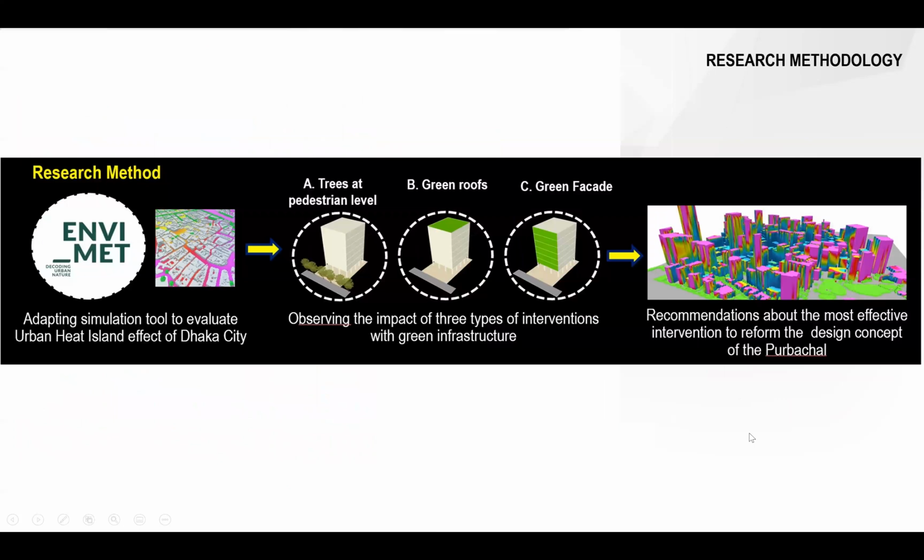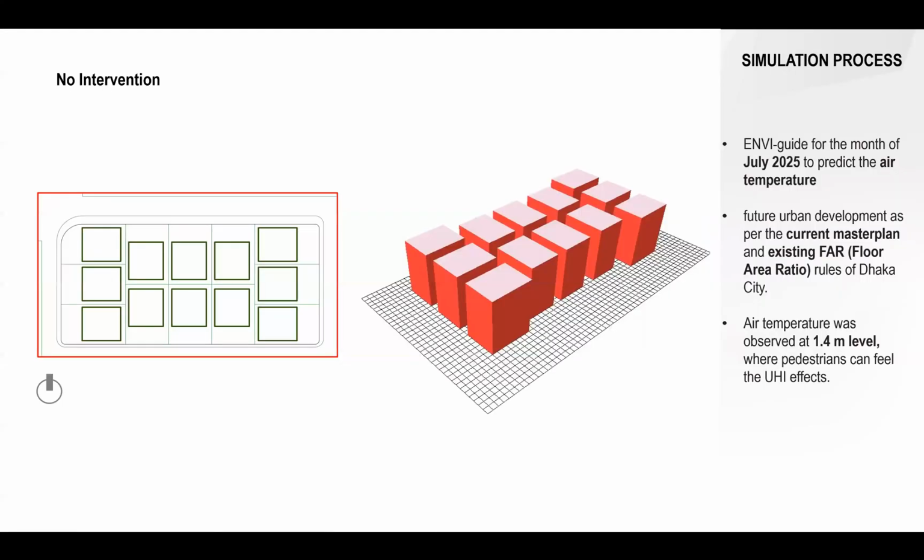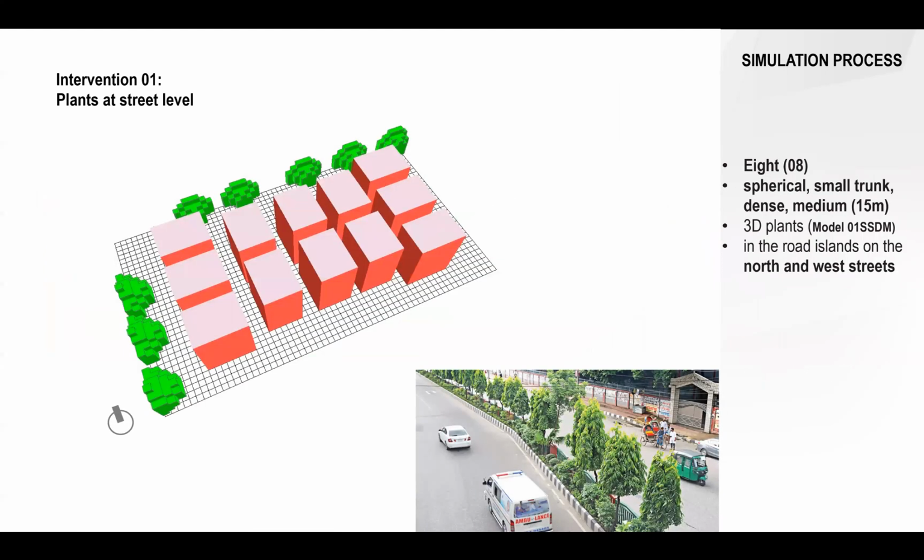So the method is using the software to see the impact on air temperature of the tree intervention and creating recommendations for the area. This simulation is done for the month of July 2015 to predict the air temperature, and the current master plan and existing FAR rules are followed to understand the future development. The air temperature is observed at 1.5 meters, where pedestrians can feel the urban heat island effect.